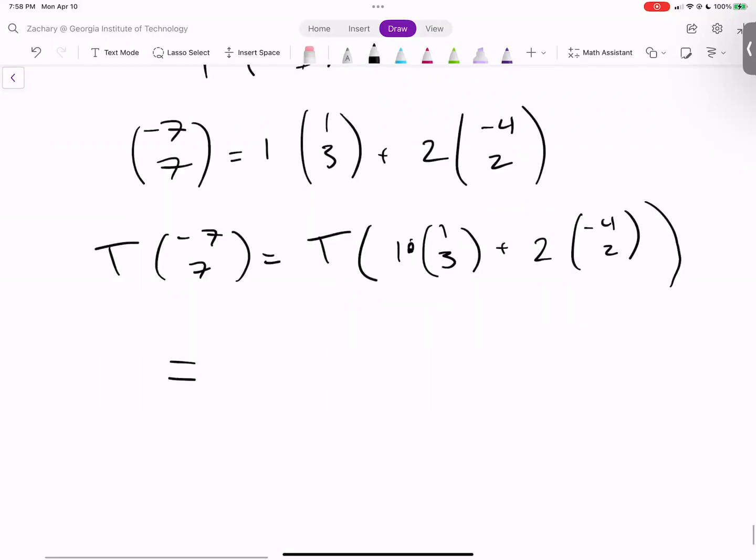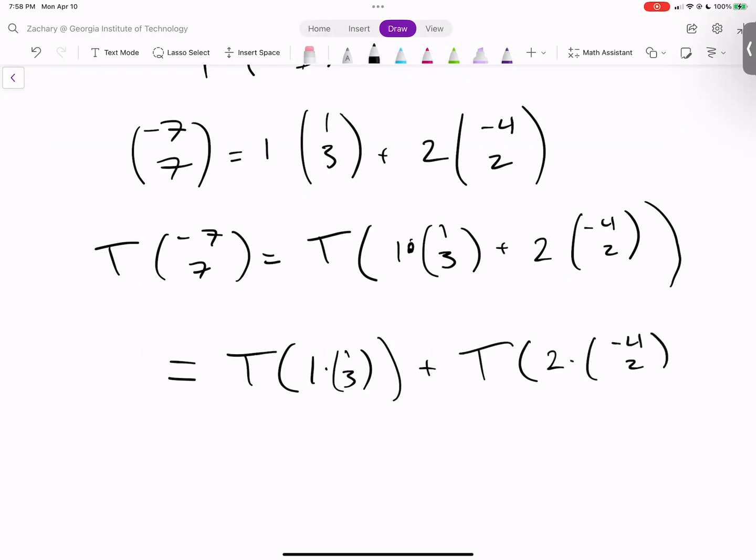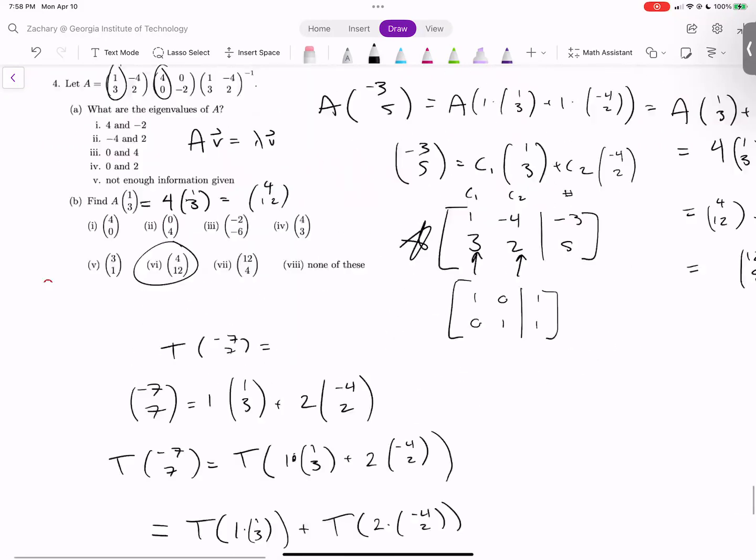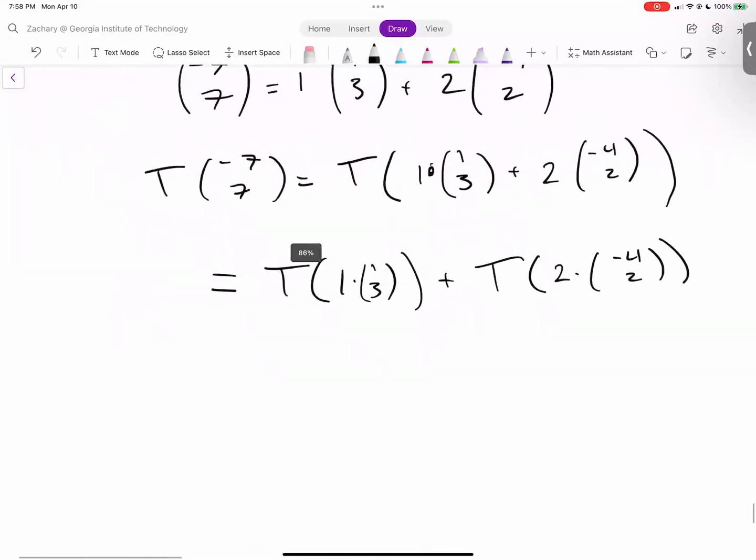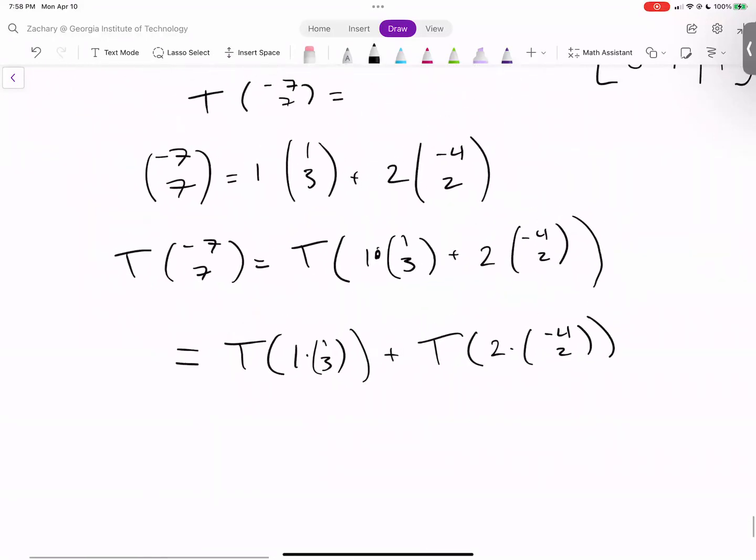And since this is linear, we can rewrite this as T of 1 times (1, 3) plus T of 2 times (-4, 2). From here, we can rewrite this as 1 times T of (1, 3) plus 2 times T of (-4, 2).